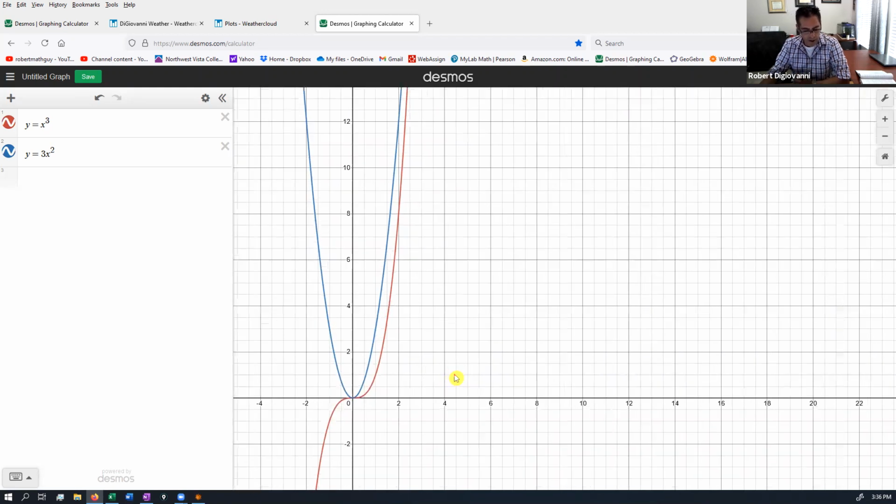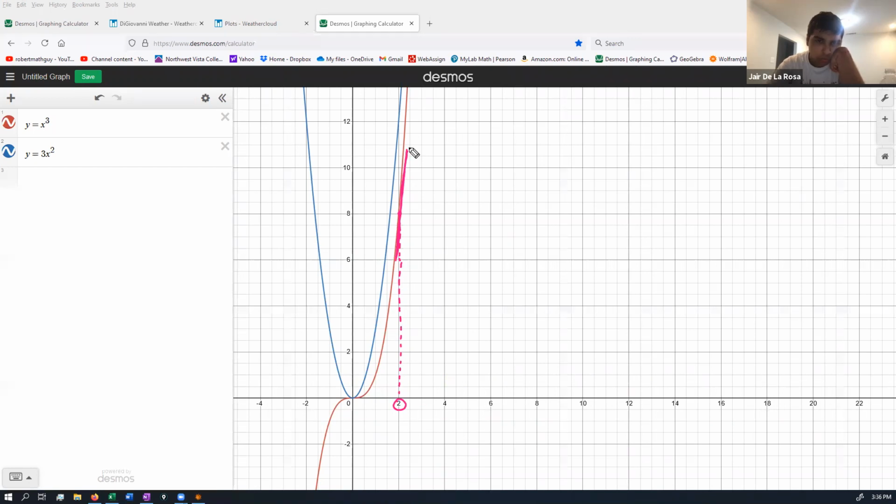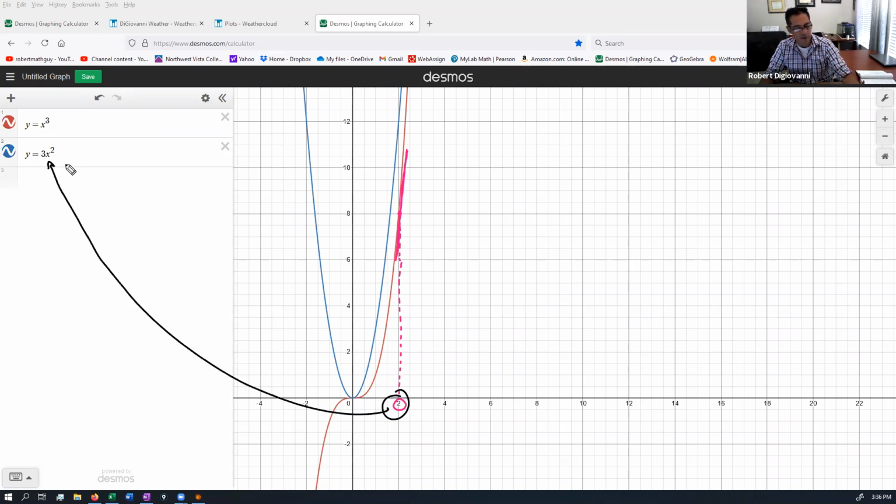Okay, so if I go to 2 and I go up here to the red curve, and I want to know the slope of that tangent line, the slope of that tangent line will be equal to what? 12. Now you're getting that because you are just taking that 2 and plugging it into the derivative, but on our graph, it's this y value right here, right? It's that y value right there.